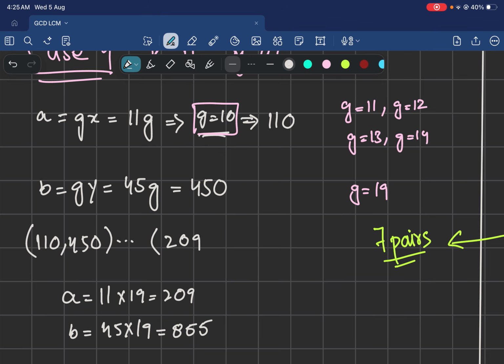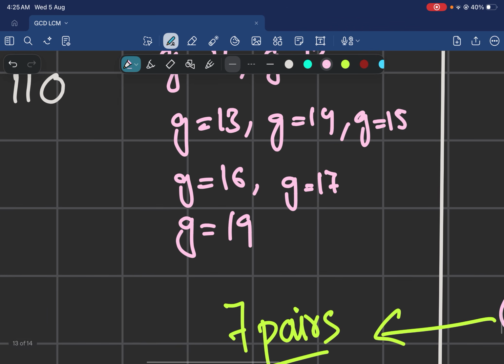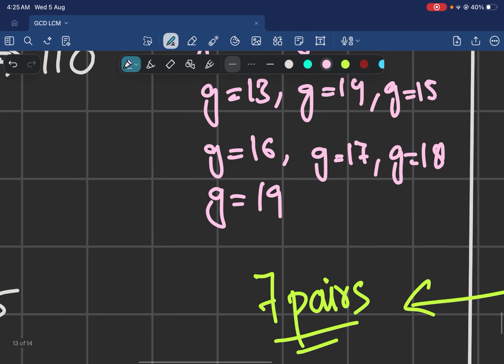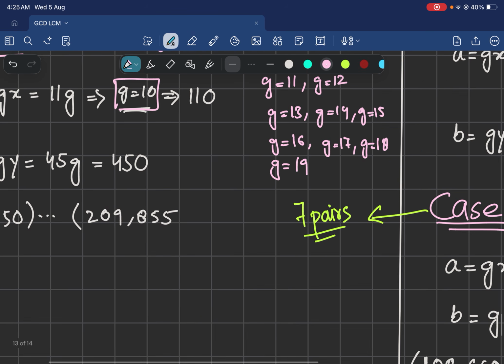So this pair works as well, 209 and 855. Whatever pairs come before that will obviously work: g of 16 will work as well, g of 17, g of 18, and g of 19 worked as well.